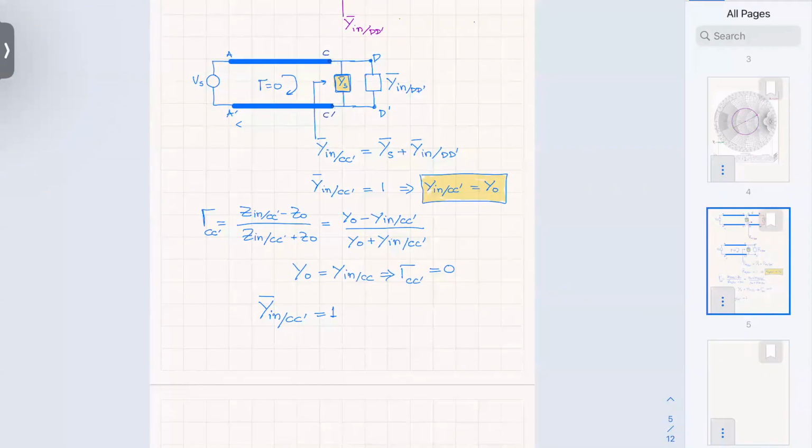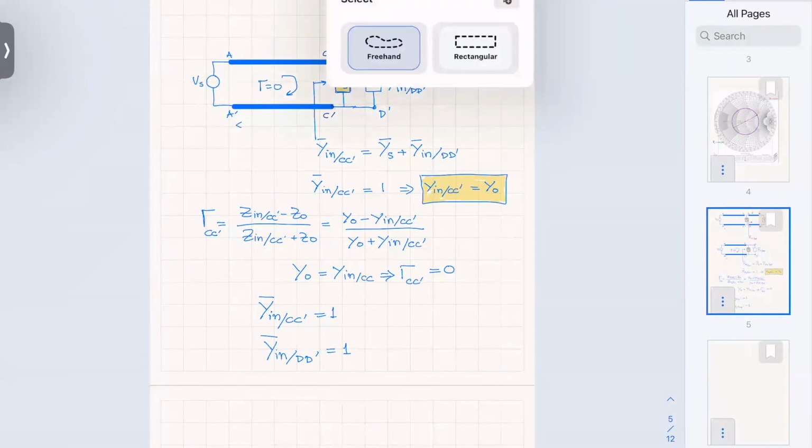That says that, since YS is only reactive, my Y input at DD prime is also going to have the same real part as the Y input at CC prime, because of this relationship.